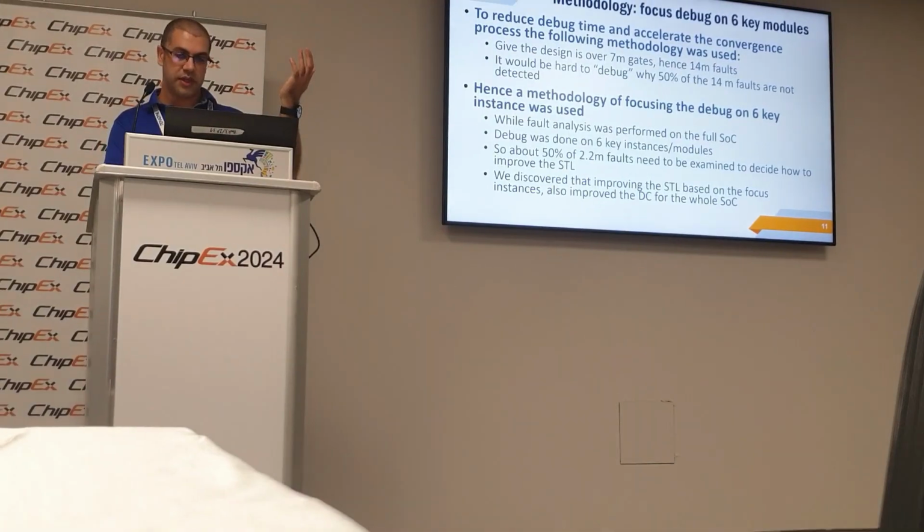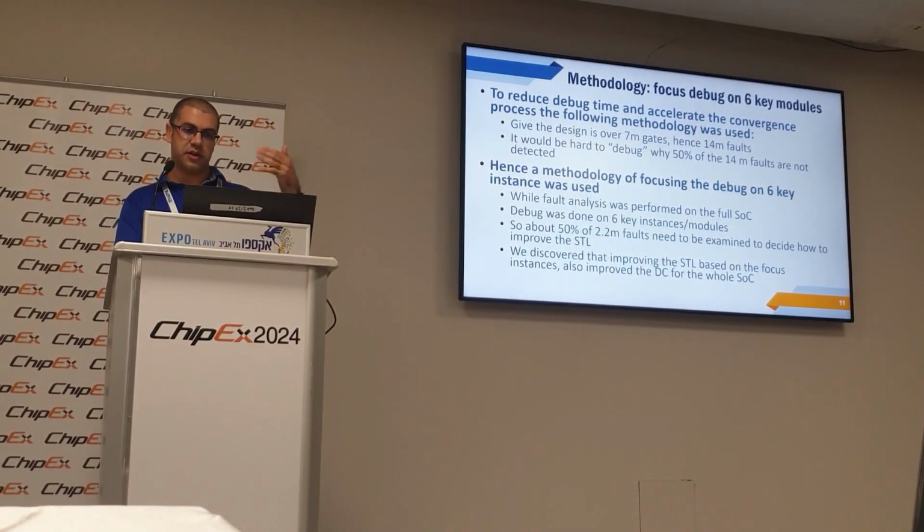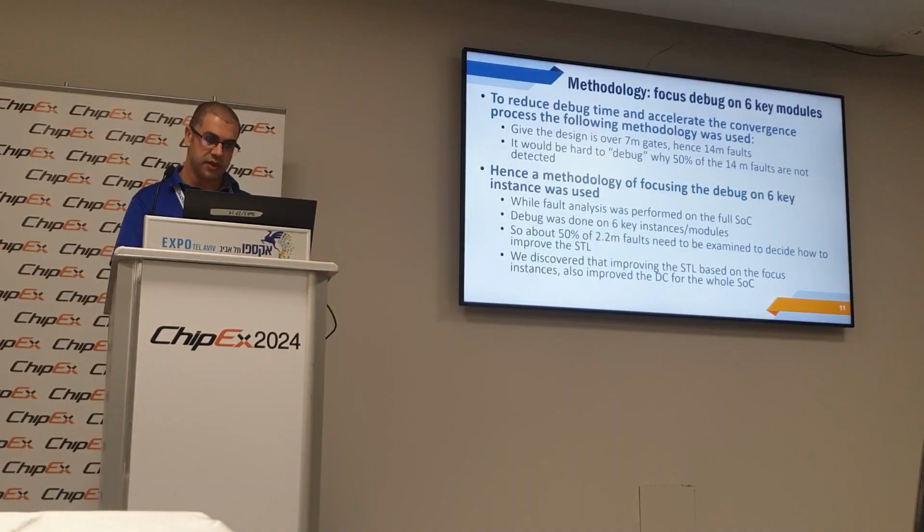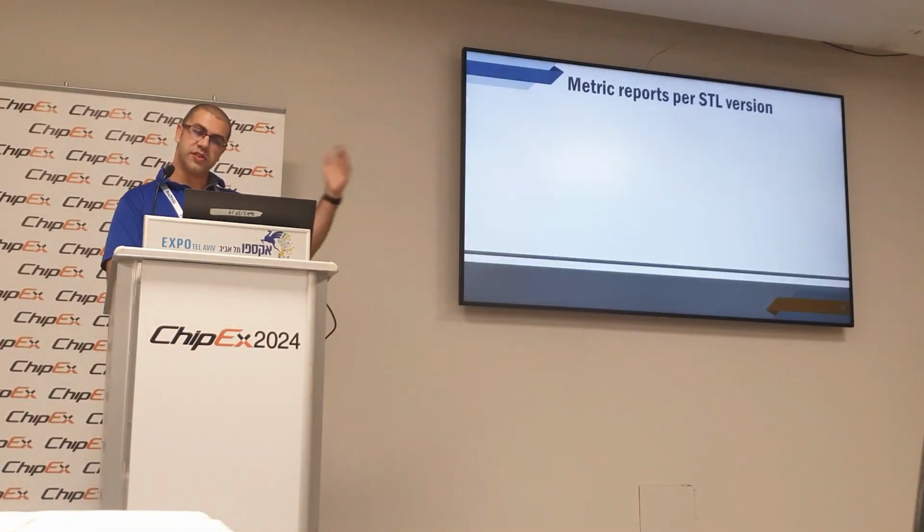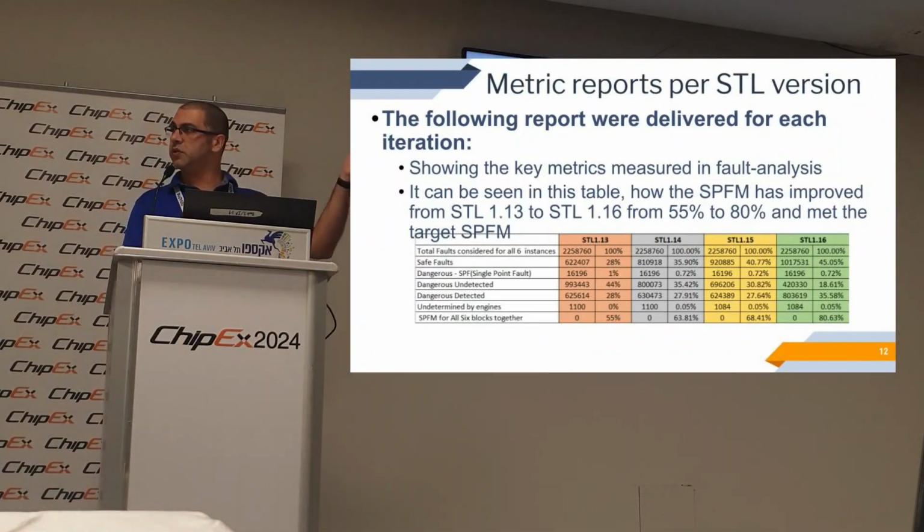And this is actually how we started the work. We started the iterations focusing on these 6 modules. So instead of focusing on 14 or 15 million faults, we are focusing on 2 million faults.